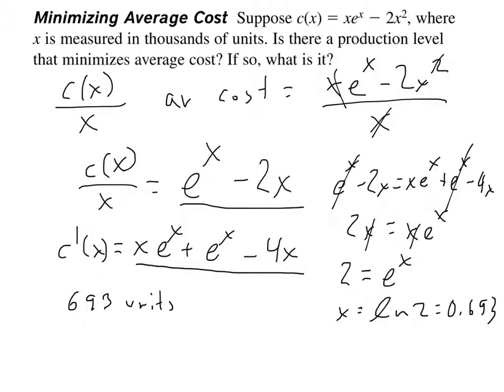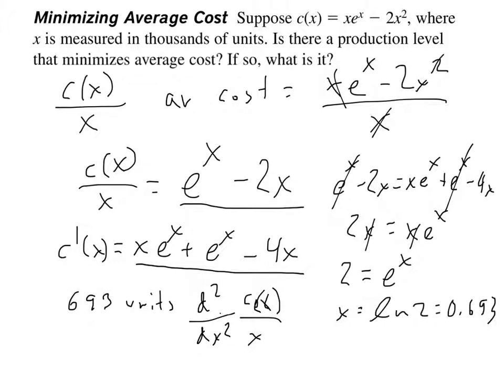which would be, if I wrote it as d squared over dx squared, the second derivative of the average cost, which is that c over x.